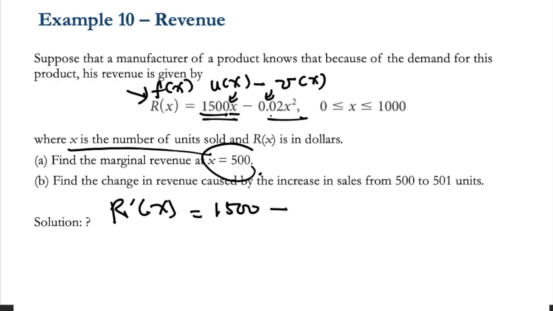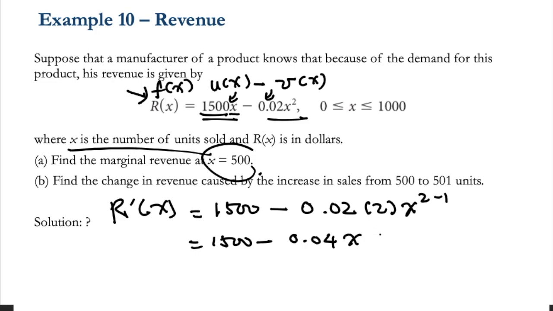So you have a coefficient also here, a constant, write the same. X squared, you differentiate it, bring 2 here, and then x to the power of 2 minus 1. And then you have 1500 minus 0.04 x to the power of 1, or just simply x.